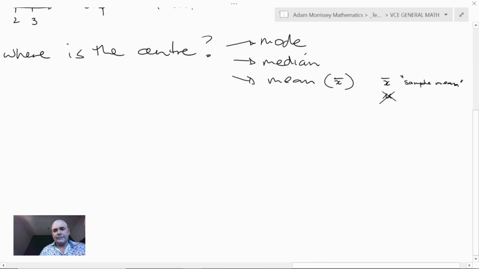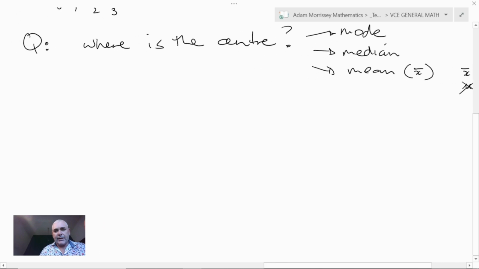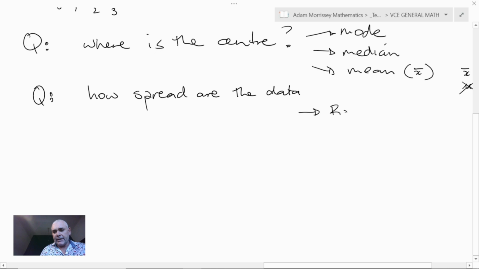And that is the sample mean. And that's important because the next question we ask is how spread out are the data, okay?